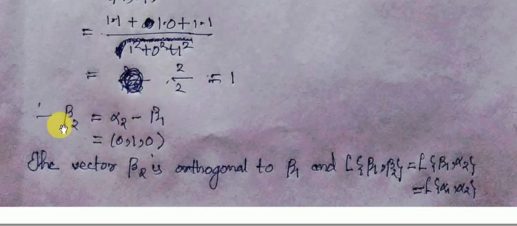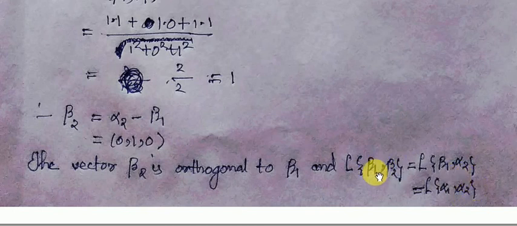Actually beta 1 is alpha 1 and beta 2 is the linear combination of alpha 2 and beta 1, so this would be the linear span of alpha 1 and alpha 2.